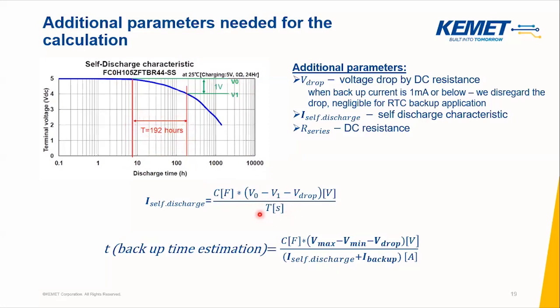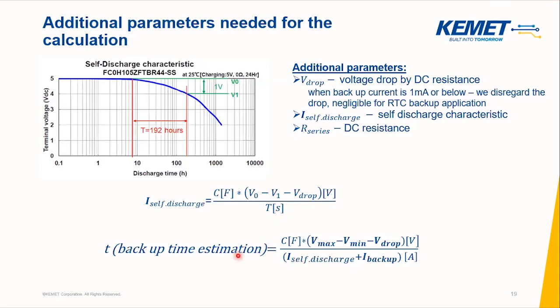This is what it is here. So we multiply the capacitance by the difference of the voltage levels, and if we have V drop, we consider the V drop as well, over this discharge time for these 2 points that we chose on the graph. This gives us the self-discharging current.